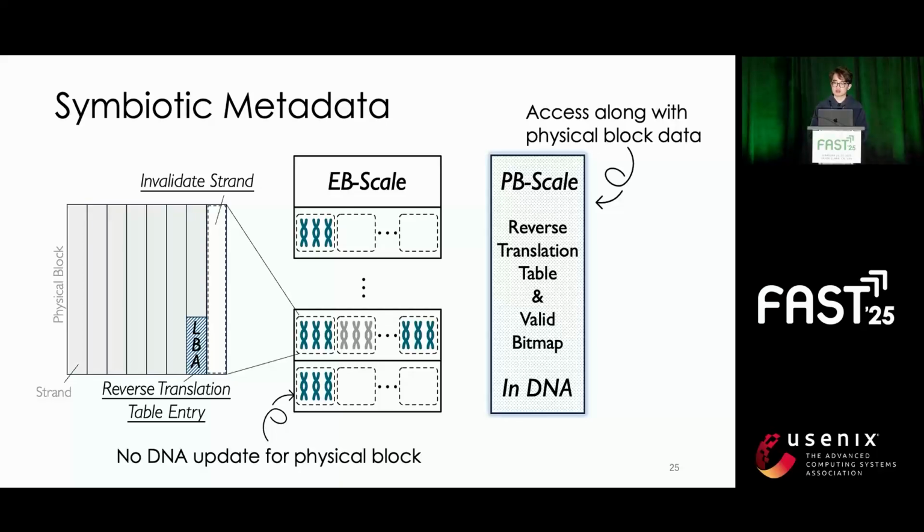The physical block is invalid if the invalidated strand has been written, and it is valid if the invalidated strand has not been written. With symbiotic metadata, the GC metadata is updated along with the physical block data in an out-of-place update manner. So we eliminate the DNA update operation when maintaining the GC metadata.